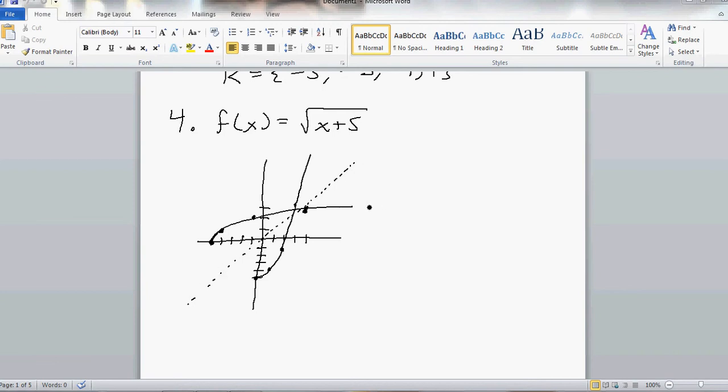And so this is f of x. This graph down here is the inverse of x, and that's how we show that, f raised to the negative 1 of x. So this is the easiest way to graph a function along with its inverse on the same set of axes.